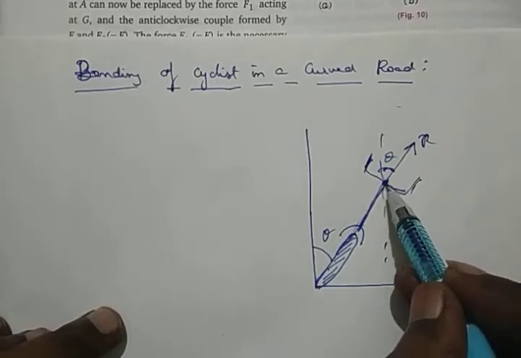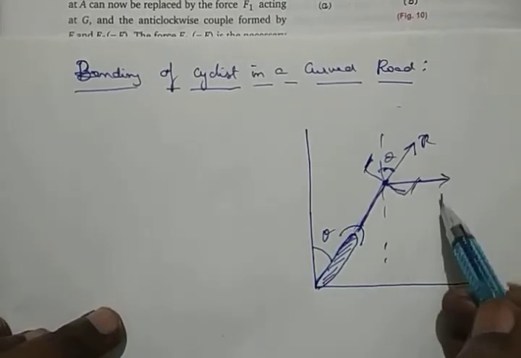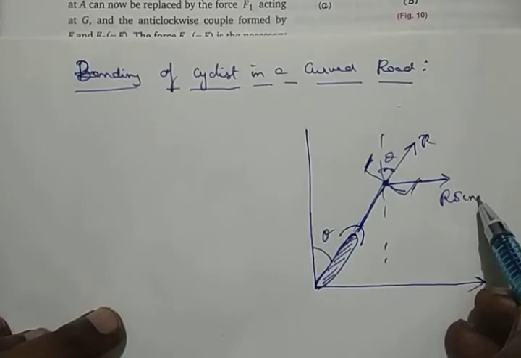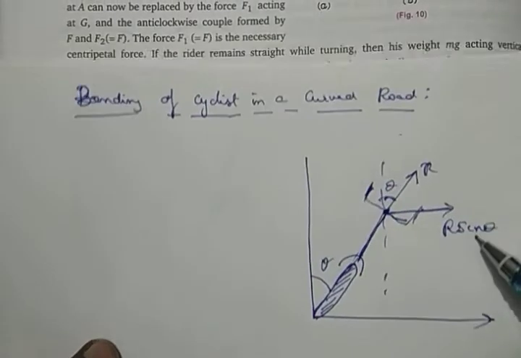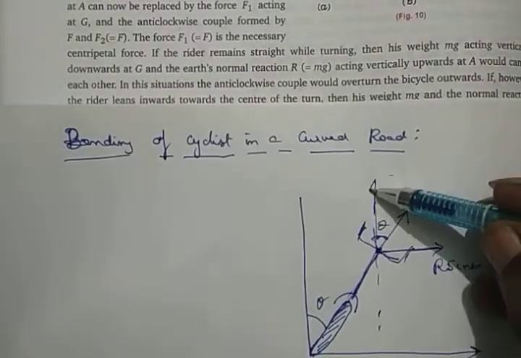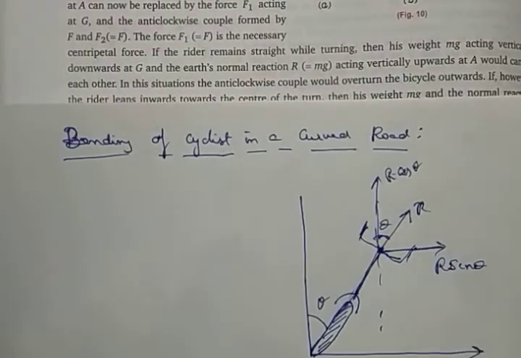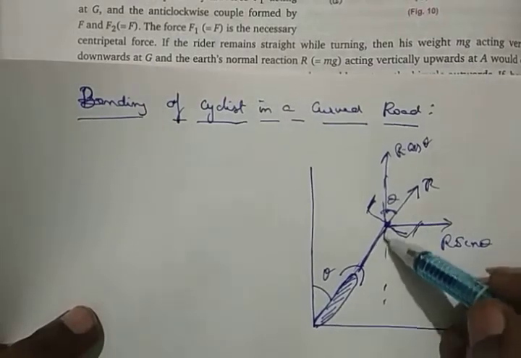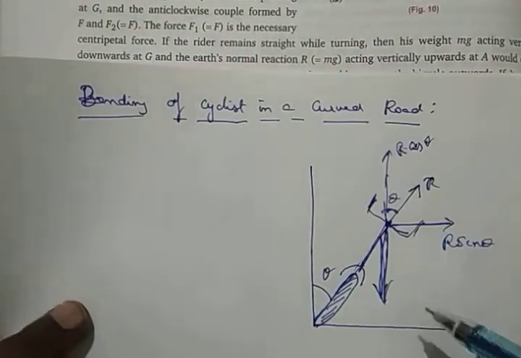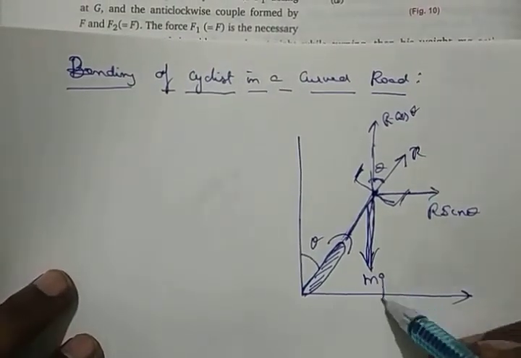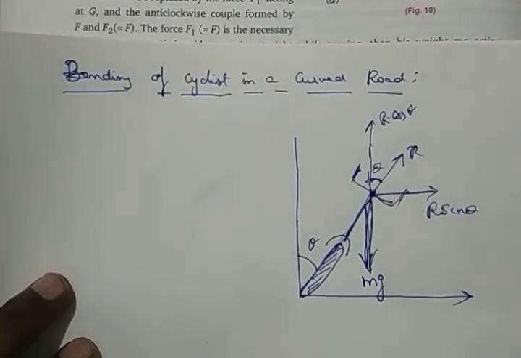What is this direction? It is going to be R sin theta. And this direction here is going to be R cos theta. And what is this one, acting downwards? That is the weight of the cyclist as well as the cycle.